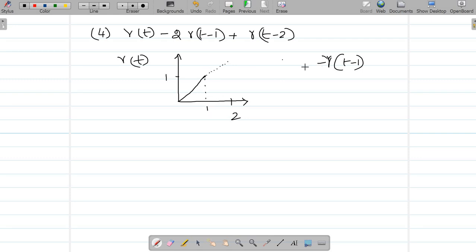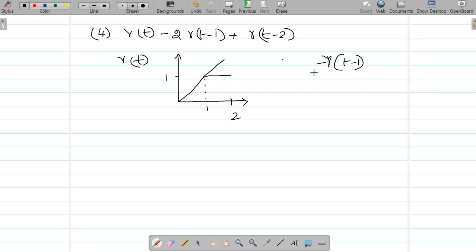Now what happens is, since it has encountered a signal r of t minus 1 and it is negative, the slope, which is supposed to continue like this, bends and becomes like this.